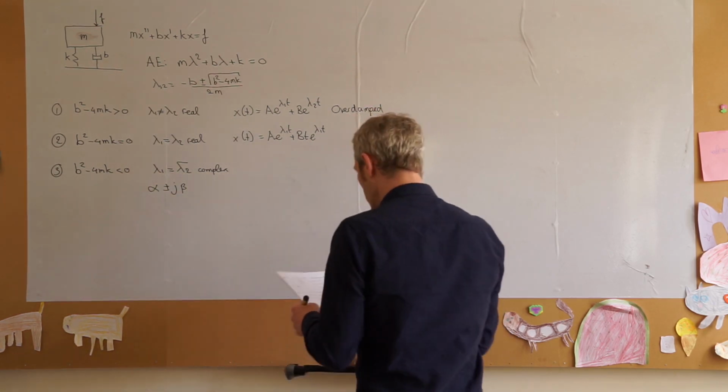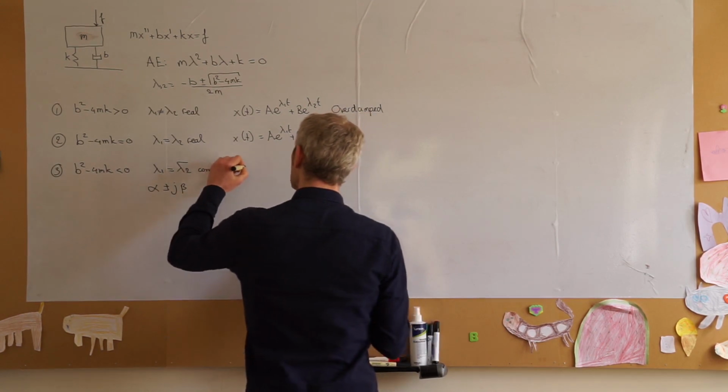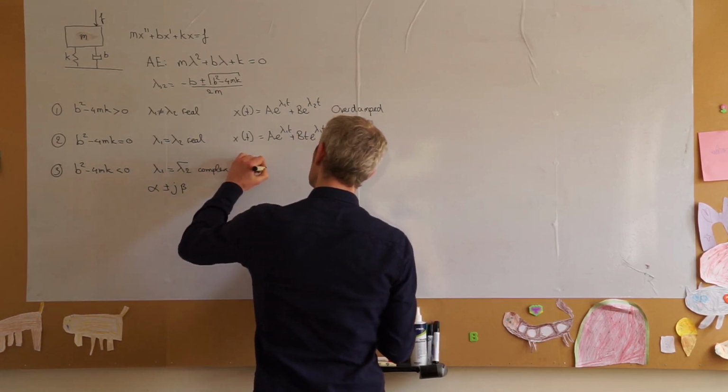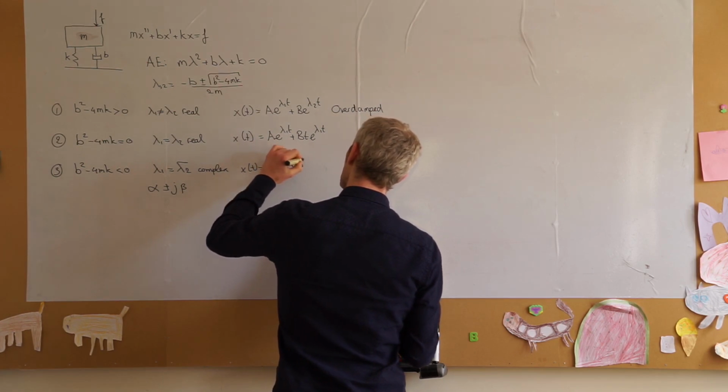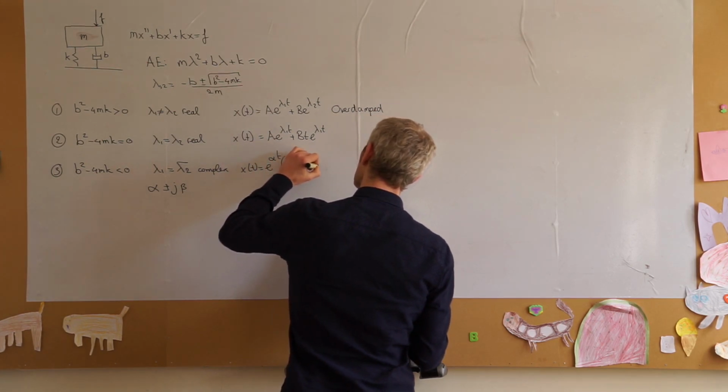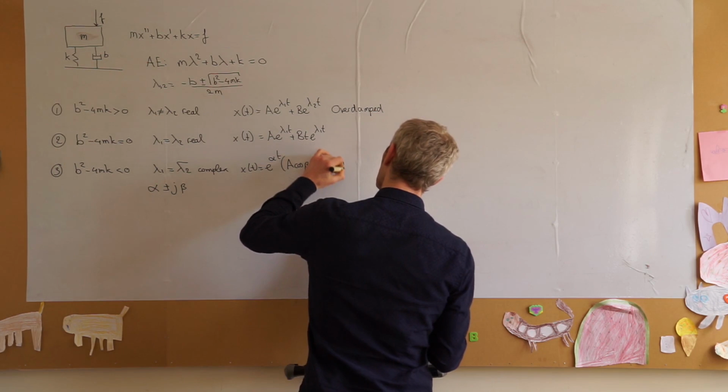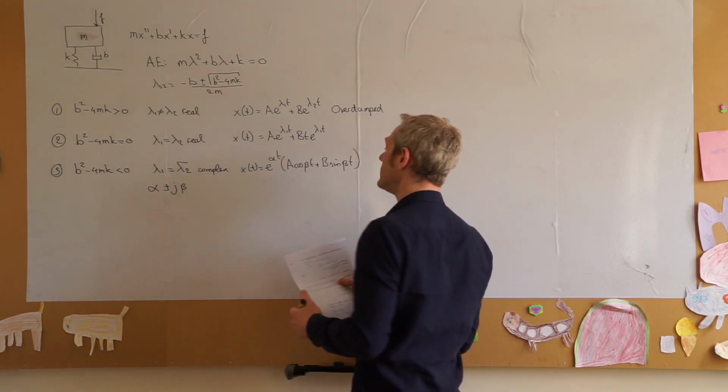The solution is then x(t) is e to the power of alpha t times a cosine beta t plus b sine of beta times t.